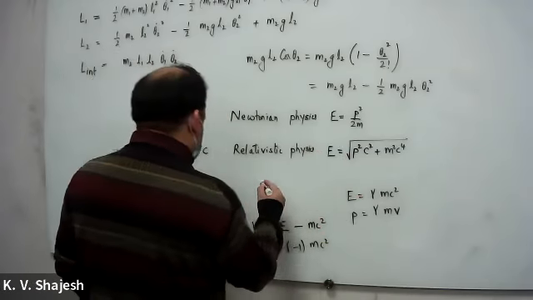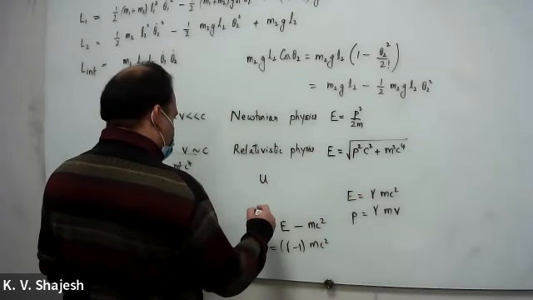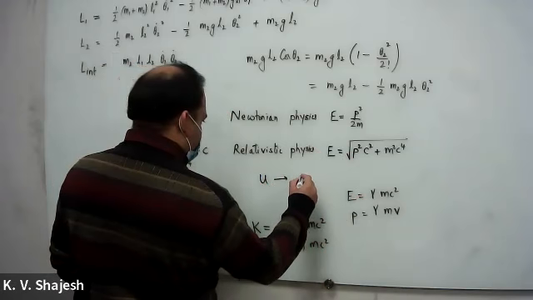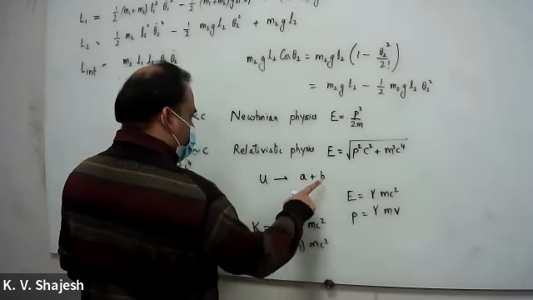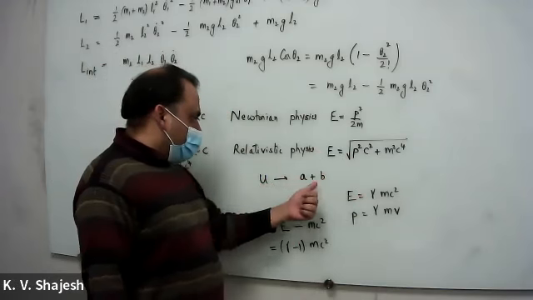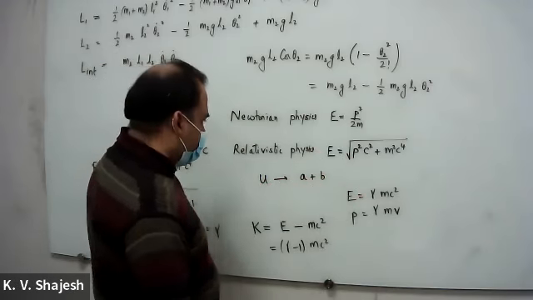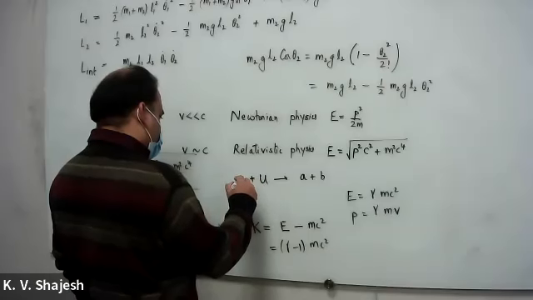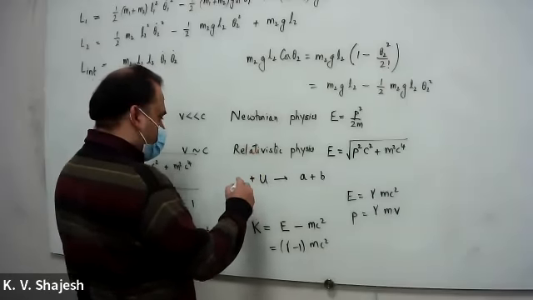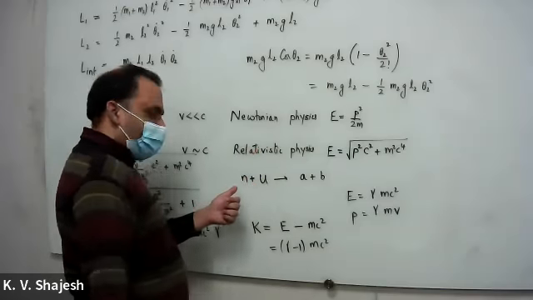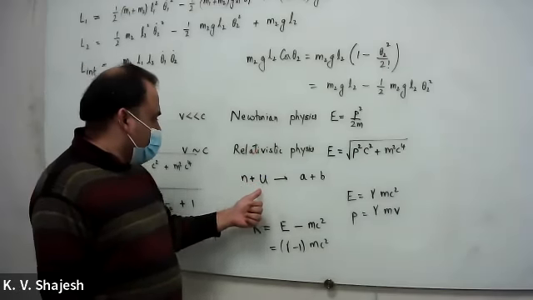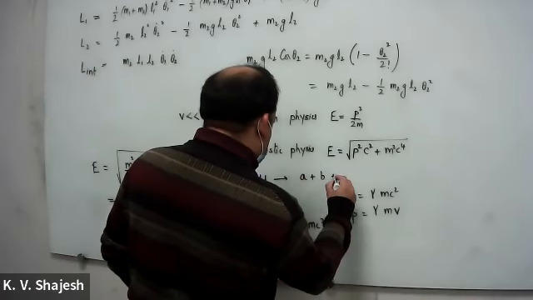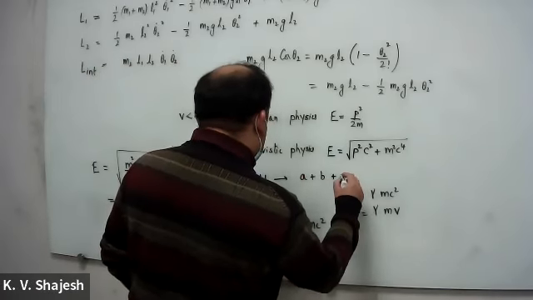Let's say uranium goes into two smaller atoms, A plus B. This needs a neutron to trigger the reaction, maybe one or two, and interestingly, you get back at least one neutron, or more.